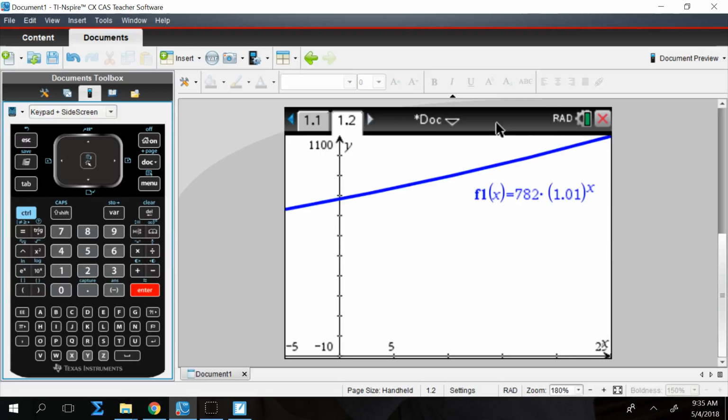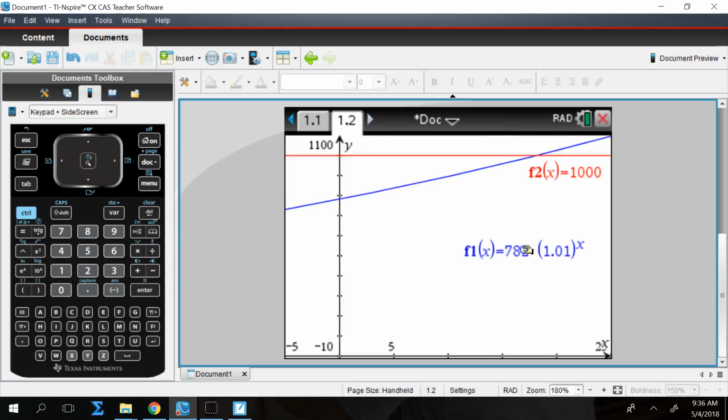Okay? So there it is. But I want to know when it's going to cross over 1 million. So I'm going to add in another function that is 1,000. Because 1,000 thousands is 1 million.